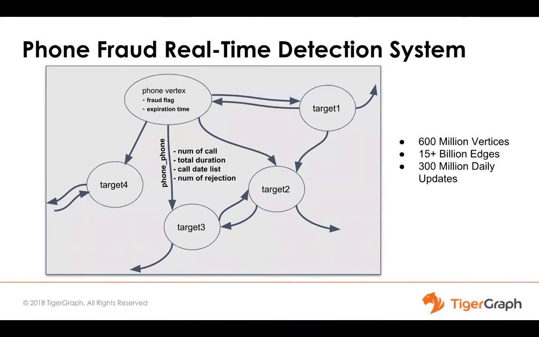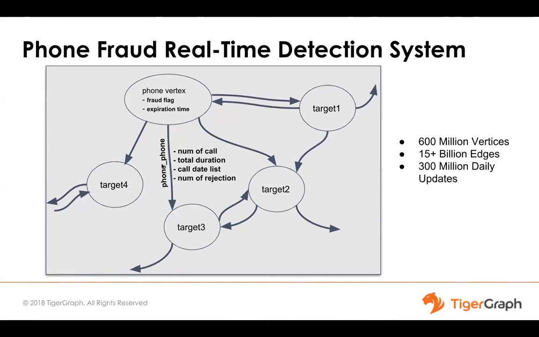Those types of phones, as we aggregate the information, might turn into scam phones or go back to being good phones, so we give a shorter expiration period. That's basically all the raw data and information we have to do the fraud detection.